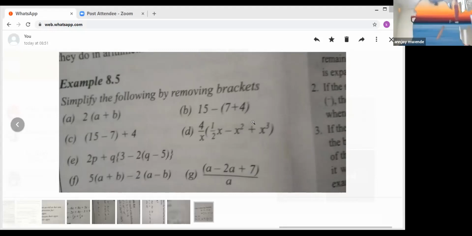Minus 4 over x times x squared, which leaves x, so minus 4x. Then 4 over x times x cubed is left with x squared, so the answer is plus 4x squared.